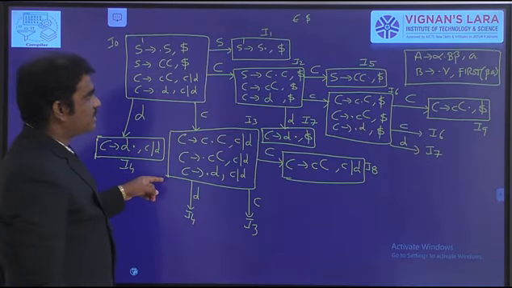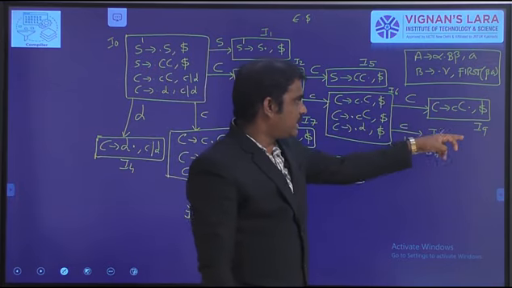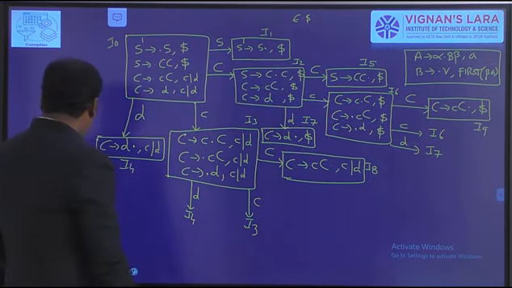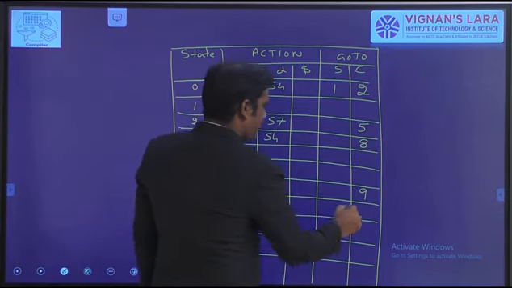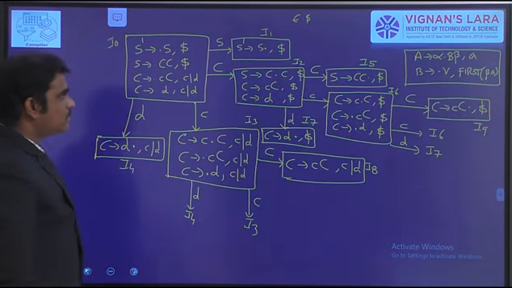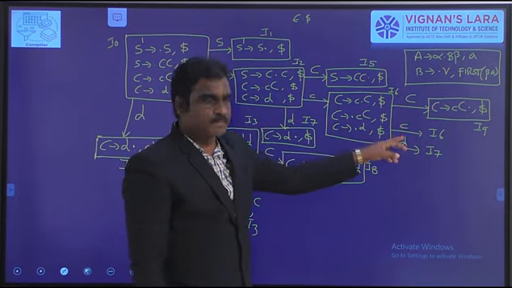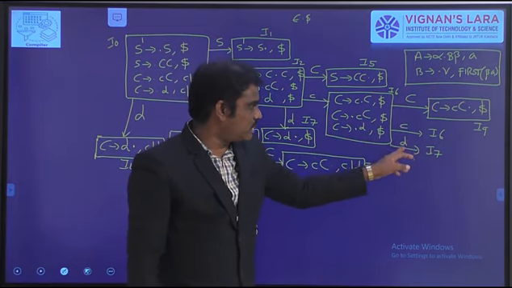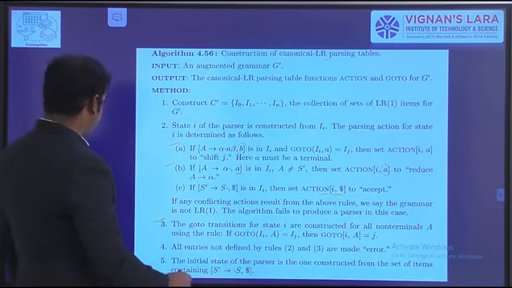I4 has no transition. I5 has no transition. I6: on capital C it goes to 9. On small c it is S6, and on small d it is S7.